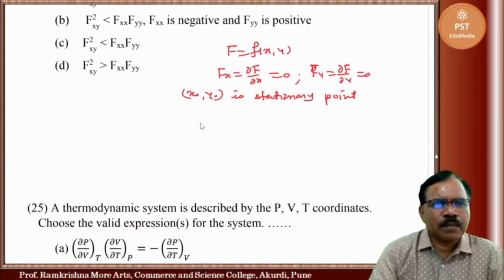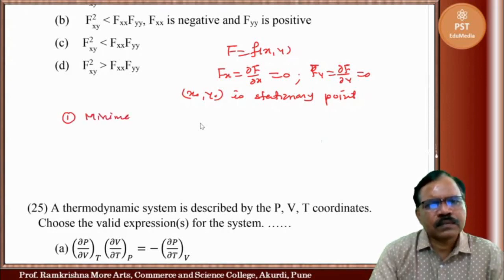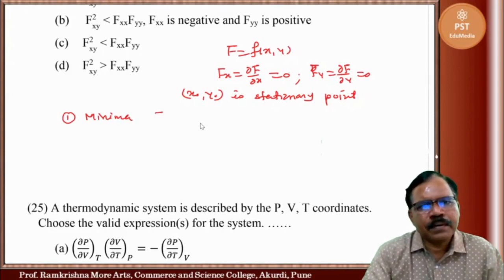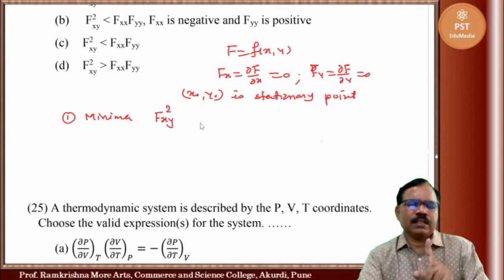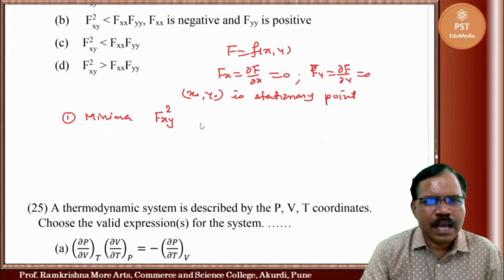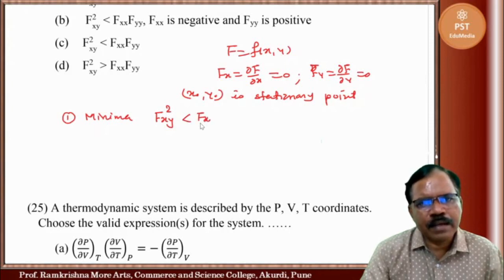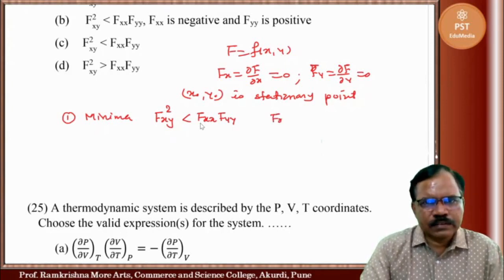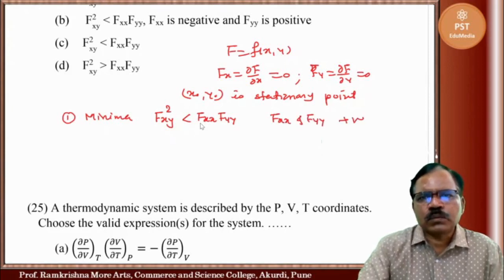But first, we get minima when fxy², the square of the mixed second order partial derivative, is less than fxx into fyy, and fxx and fyy both are positive.